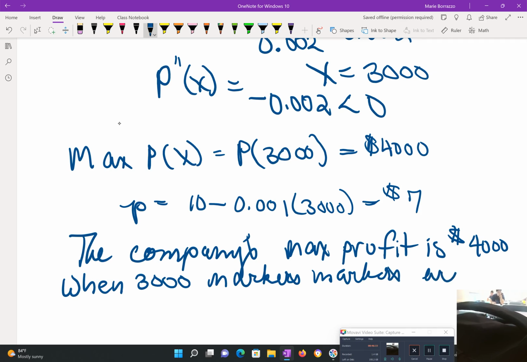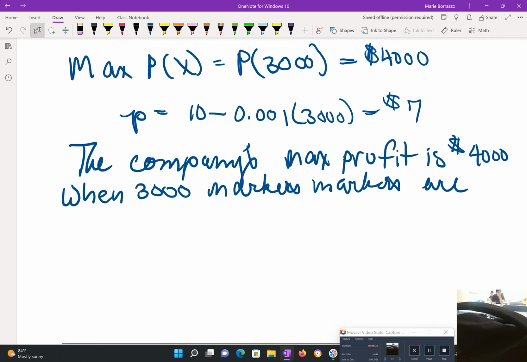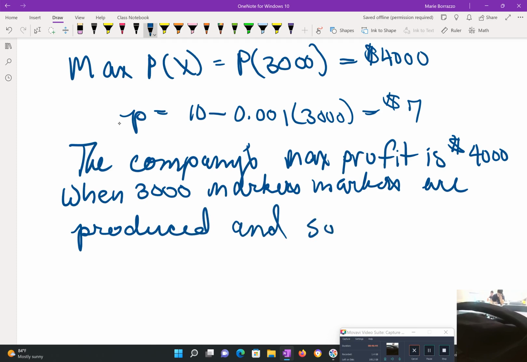Markers are produced and sold at $7. Okay, so that's the gist of that question. Do you notice original function, first derivative, second derivative? Once we understand the behavior, we can start analyzing from there. Just the gist of it, basically.